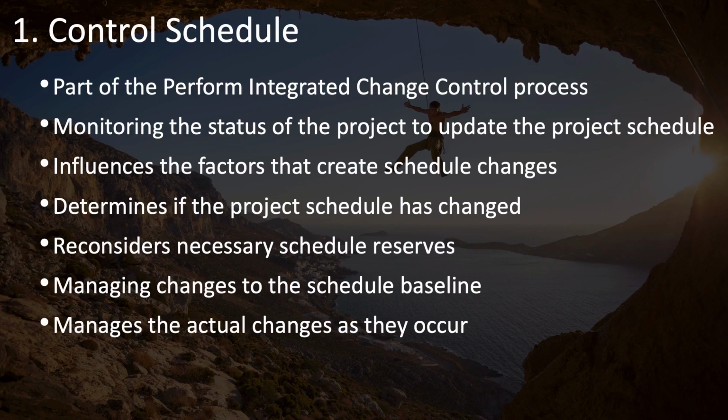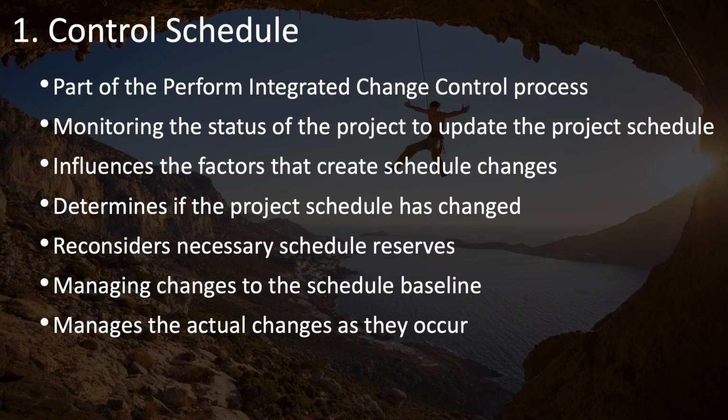The control schedule process is where you determine, based on the actuals data you have received from the direct and manage project work process, whether the project schedule has changed.